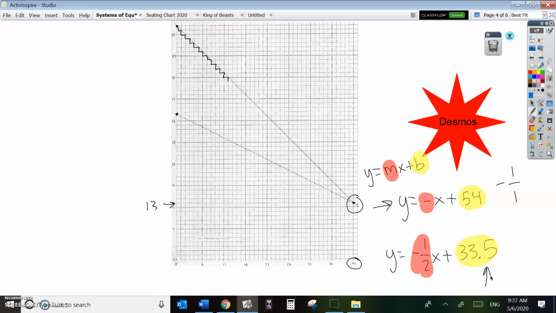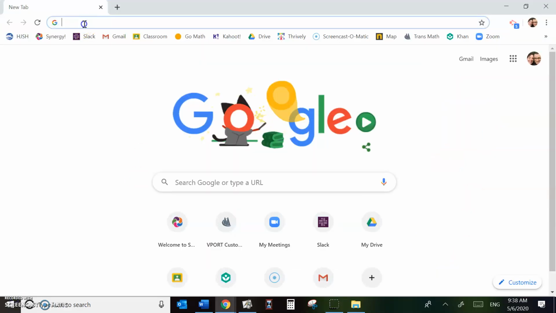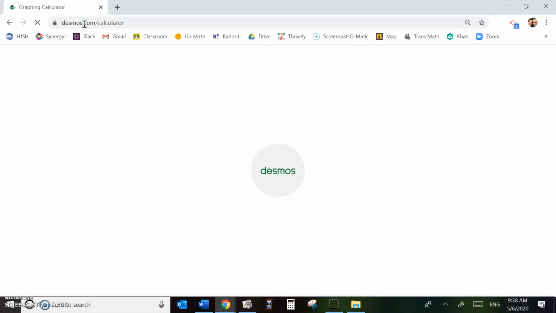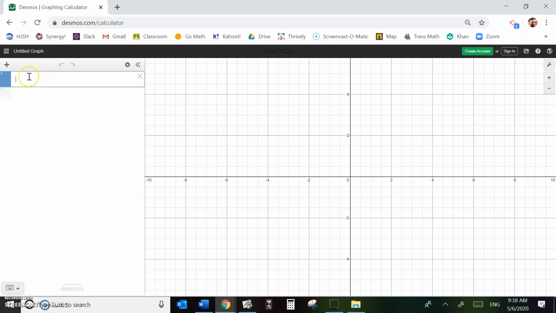Let's take a quick look at Desmos. Desmos is a really cool free online tool. You can graph anything on it. Put your equations in there in slope-intercept form.